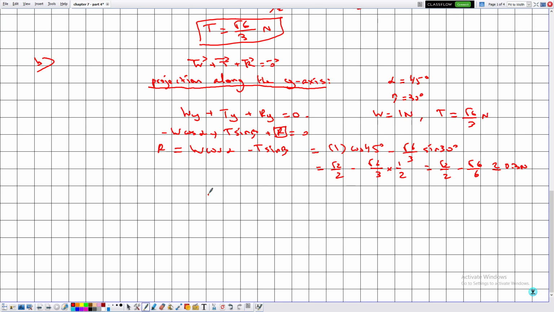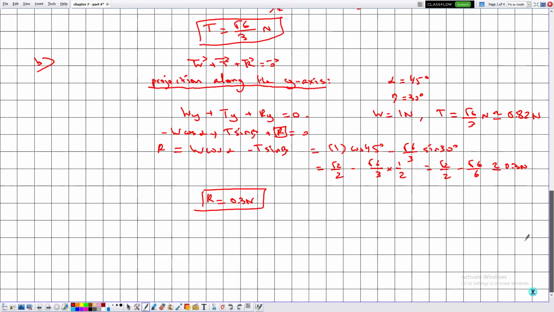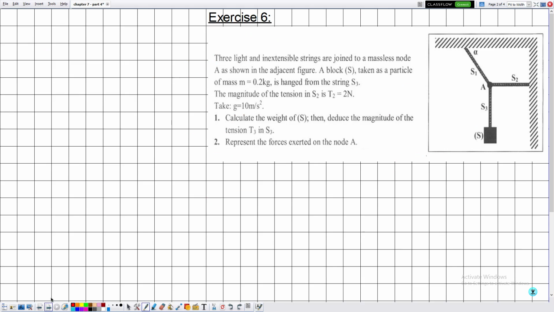Then the value of R is given by 0.3 newtons. And the value of T in the decimal form is given by 0.82 newtons. Then this is it for this exercise. Now let's move to the other exercise, which is exercise number 6.